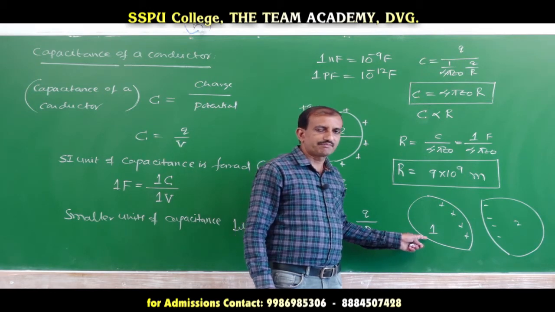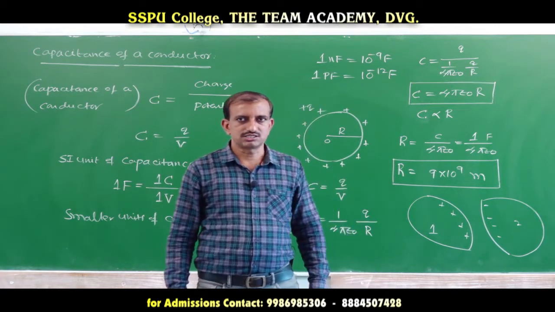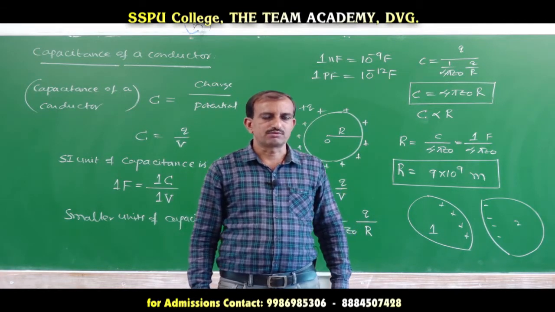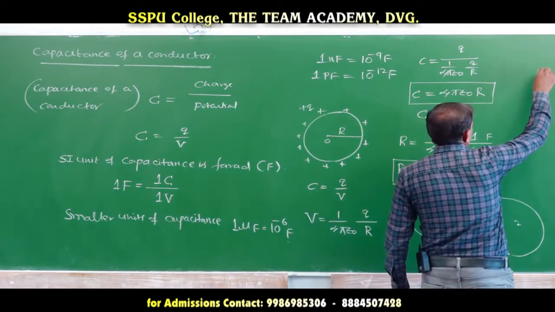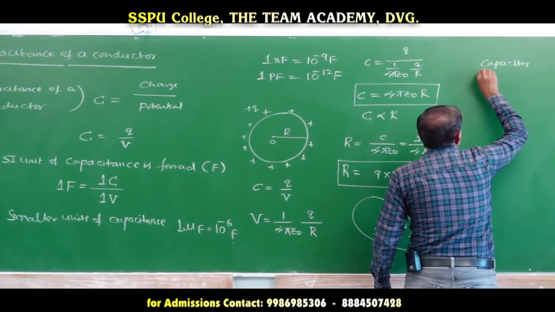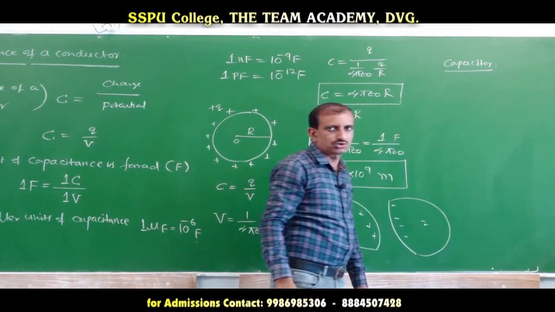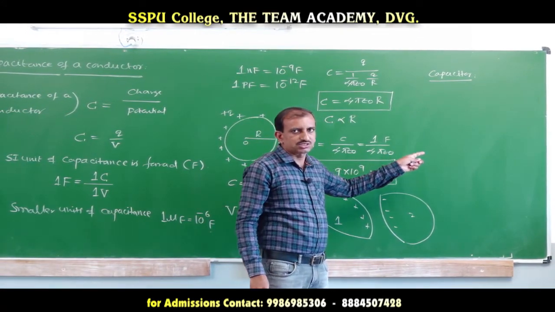Therefore, a capacitor is a device which is used to store electric charges, and it consists of two metal plates separated by a small distance. Using a capacitor we can store the electric charges.